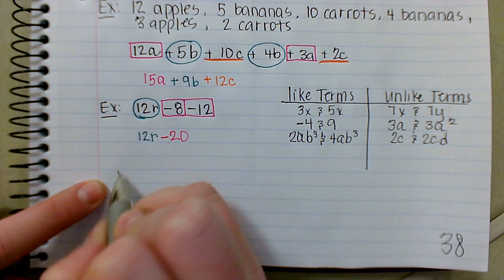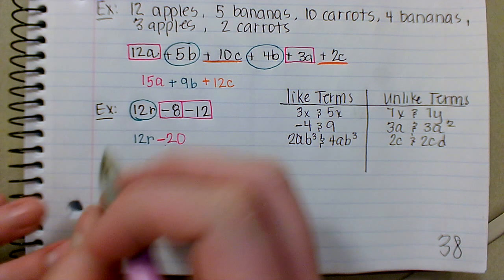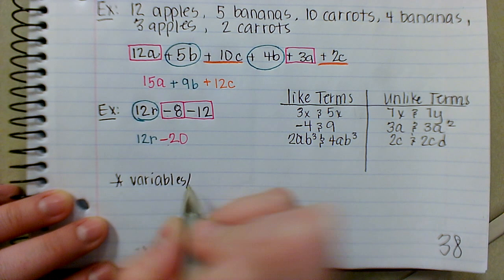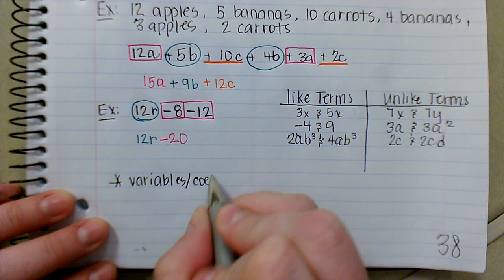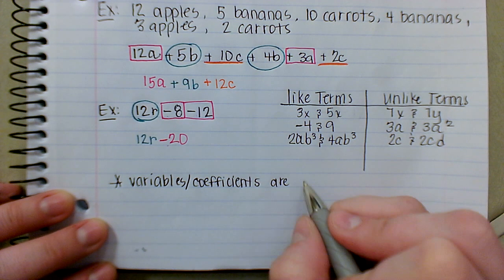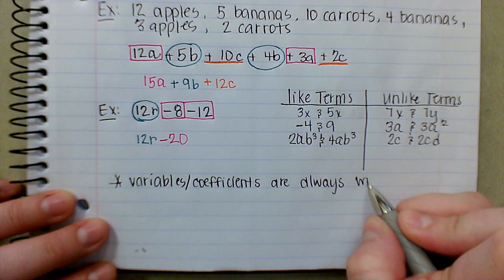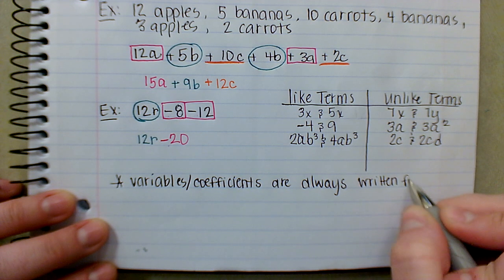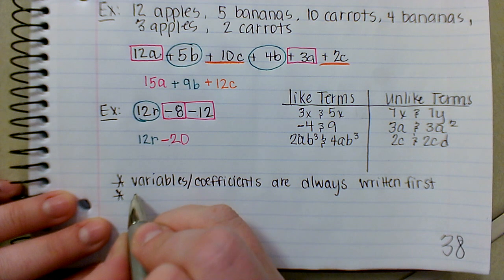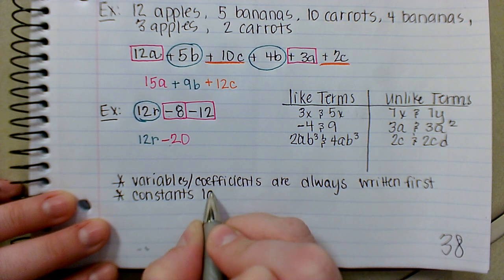All right, just a couple housekeeping things when we write or combine like terms. Variables and coefficients are always written first. Secondly, you write constants last.